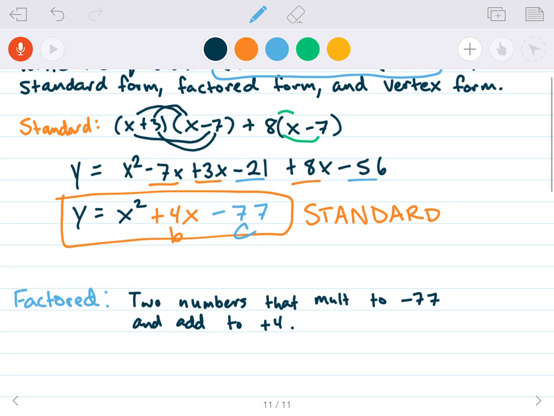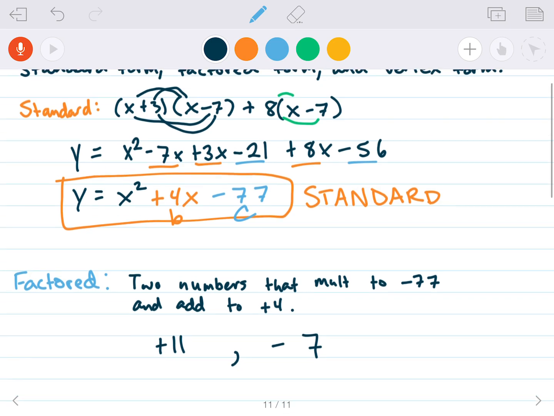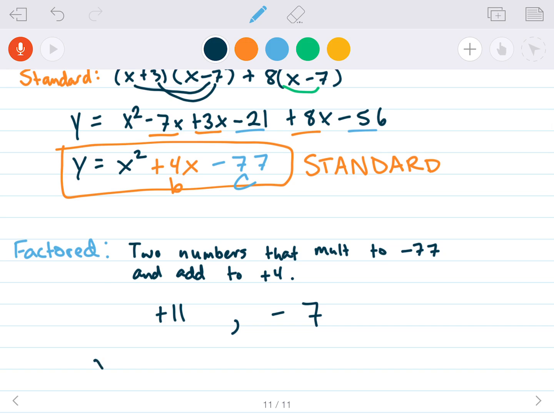And those two numbers are positive 11 and negative 7. Right? When I multiply those, I get negative 77. When I add them, I get 4. So my factored form is going to be y equals x plus 11 times x minus 7.